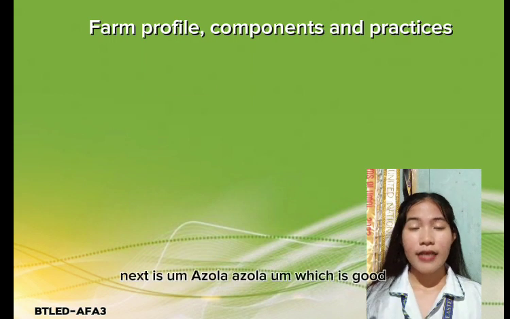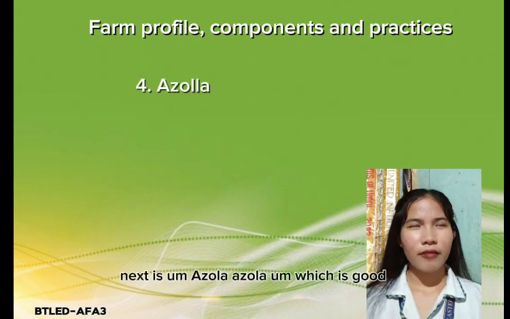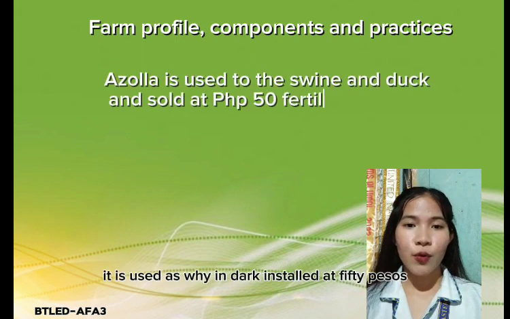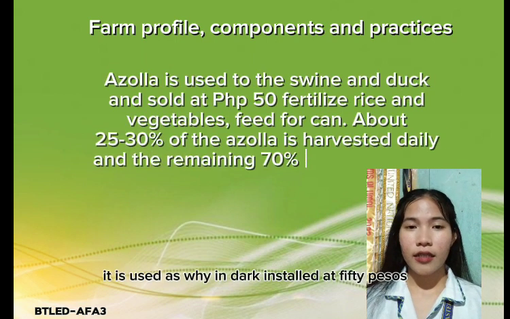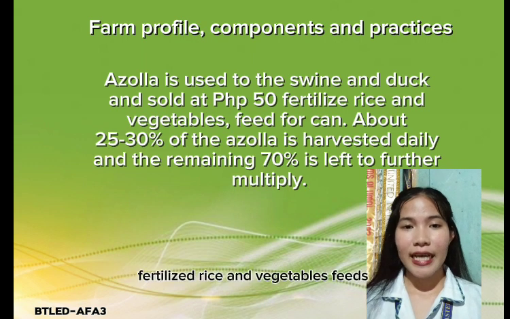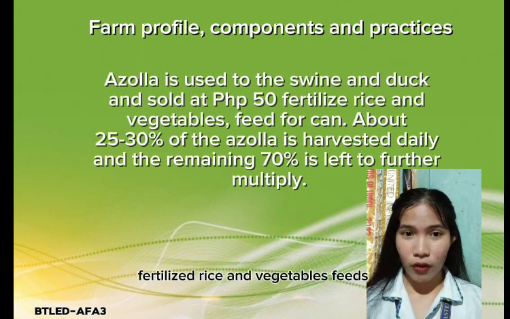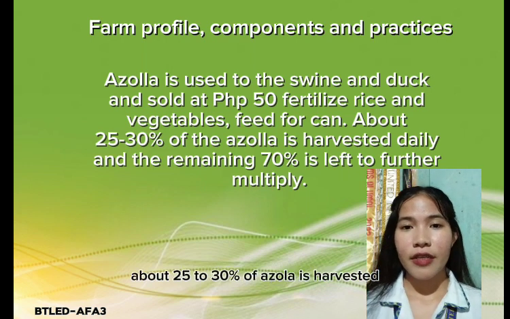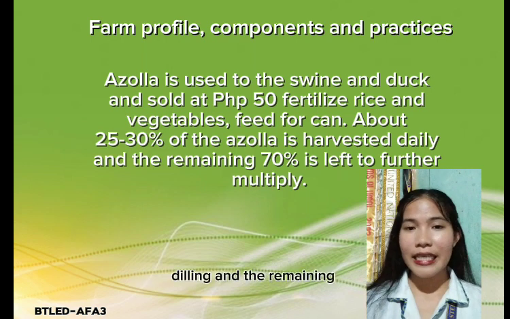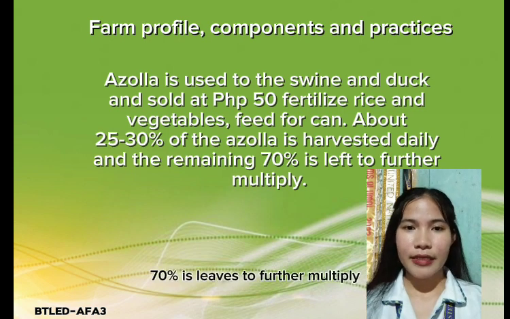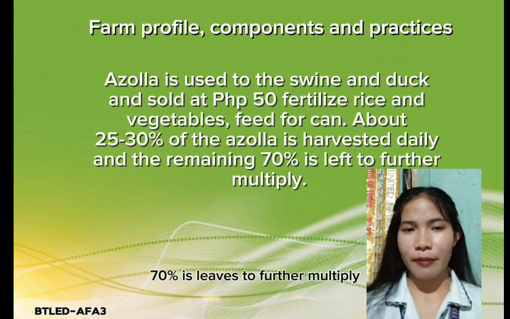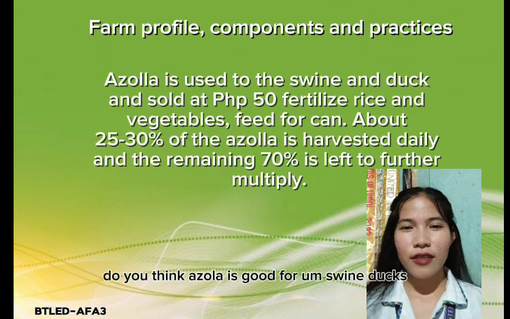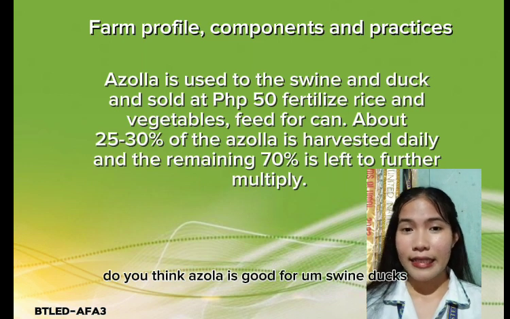Next is azolla. Azolla, which is grown in ponds, is used to feed swine and ducks and sold at 50 pesos, and used to fertilize rice and vegetables. About 25 to 30% of azolla is harvested daily and the remaining 70% is left to further multiply. Do you think azolla is good for swine and ducks?